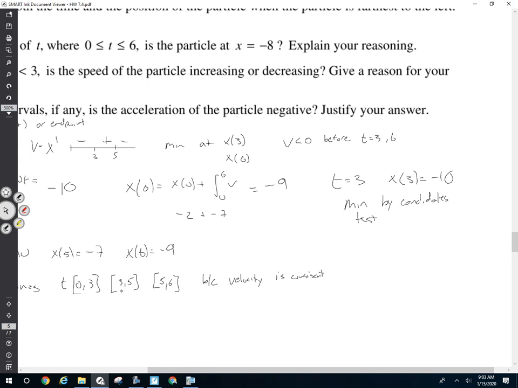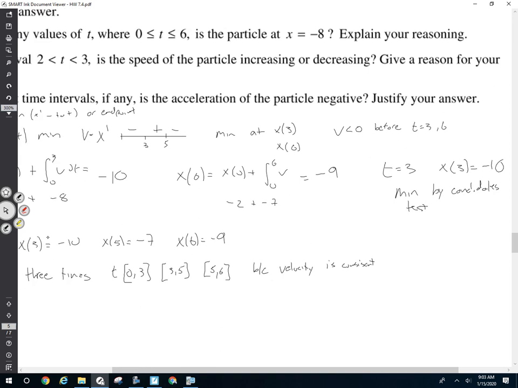And I'm traveling to the right from -10 to -7, I have to pass through -8. Traveling to the left from -7 to -9, I have to pass through -8. And I don't want to say consistent, I want to say has consistent signs.